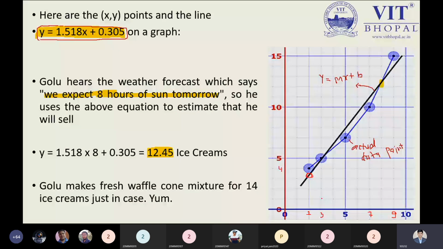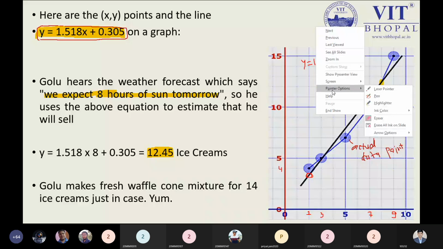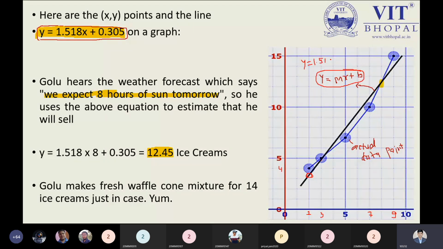That's why we are drawing the line, which is known as a regression line, followed by our equation y = mx + b. So what is the equation we have? y = 1.518x, let me write it correctly, plus b.